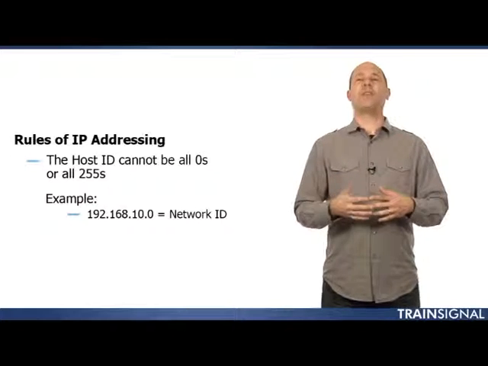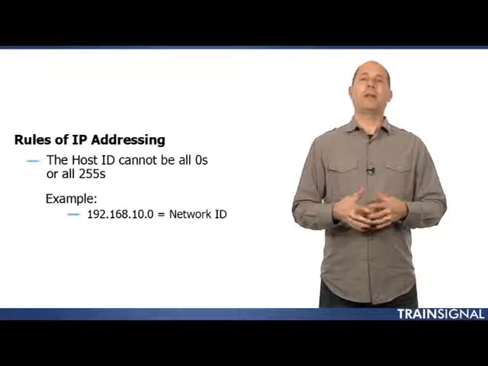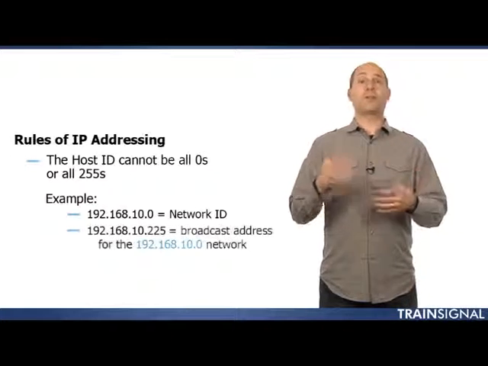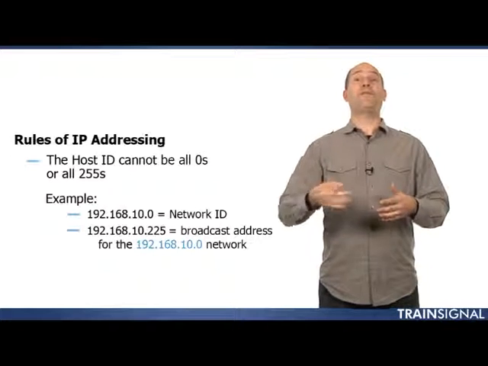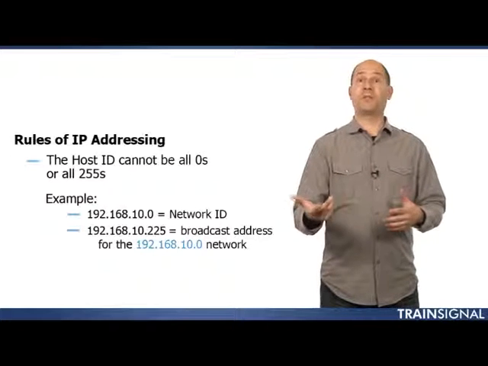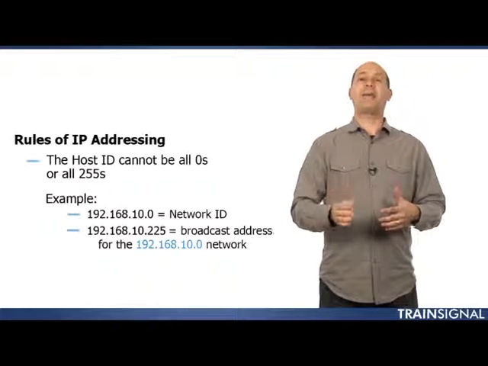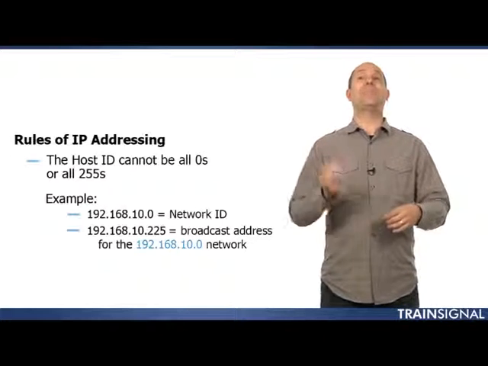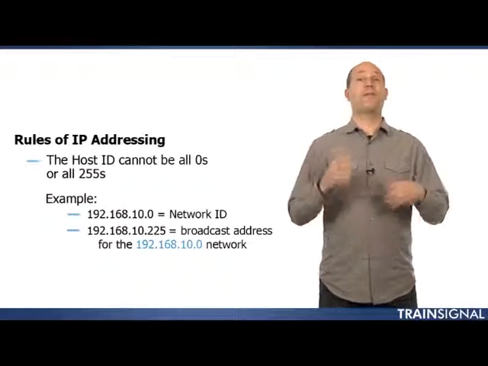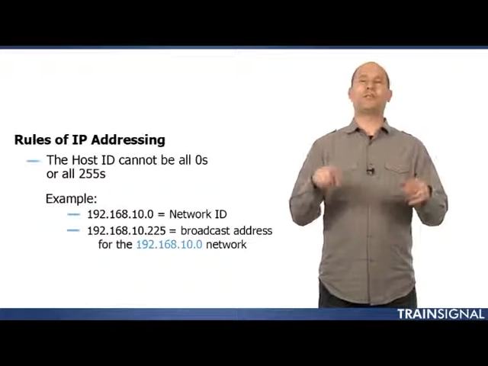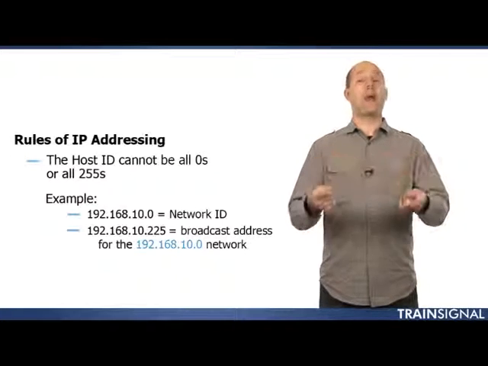Now, I also mentioned you can't have all 255s. And so the example would be 192.168.10.255, where the host ID is simply 255. That, believe it or not, represents the broadcast address for the 192.168.10 network.